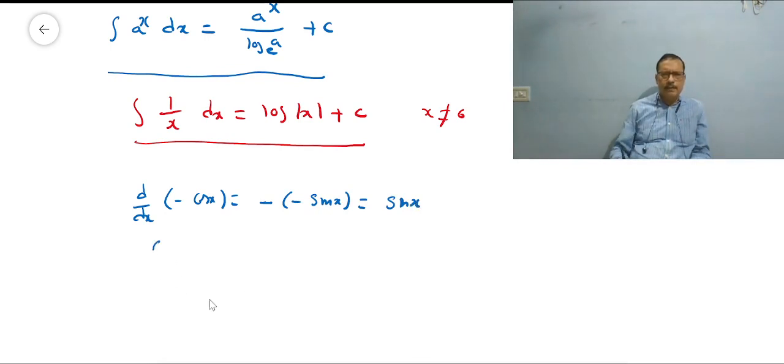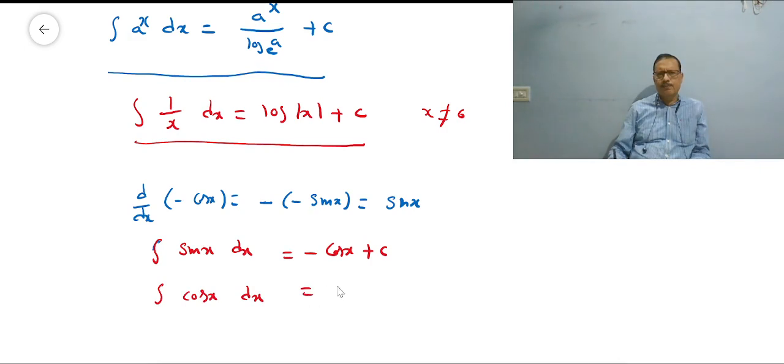Now integrating sin x, we get minus cos x. So the integral of sin x dx is minus cos x plus c. Similarly, the integral of cos x dx is equal to sin x plus c. For both these functions, x belongs to R.